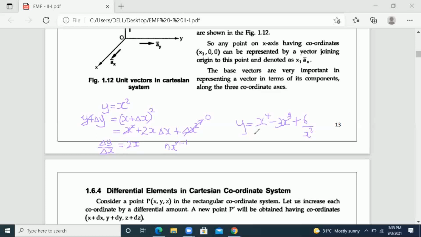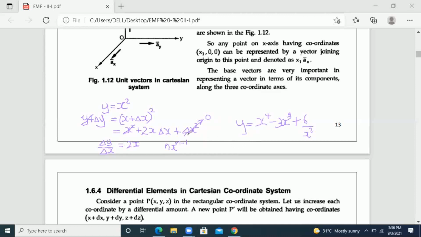Because you'd have y plus delta y equal to x plus delta x to the 4th minus 3 times x plus delta x cubed plus 6 over x plus delta x squared. And then if you expand it and drop off the terms that go to 0, that's a nightmare.